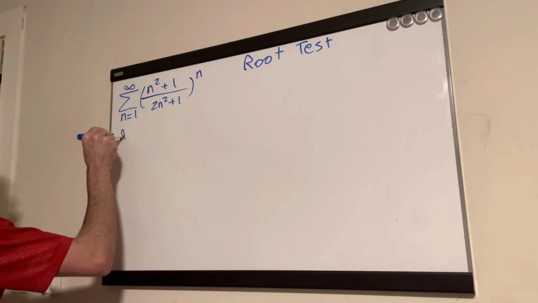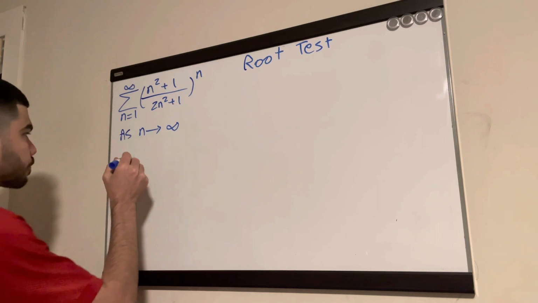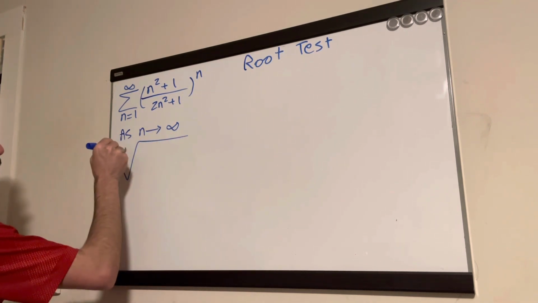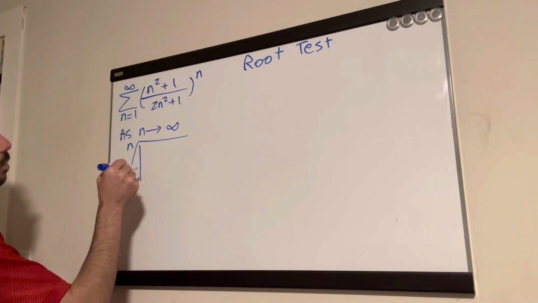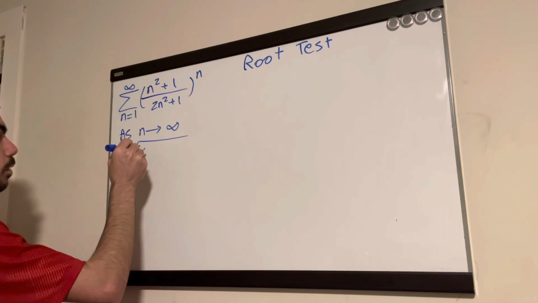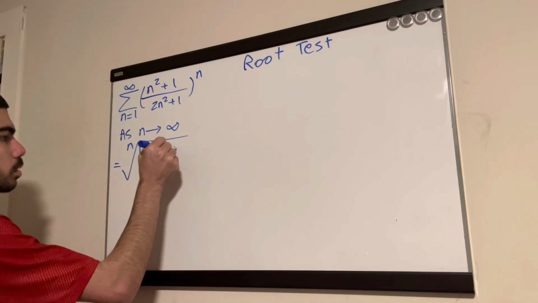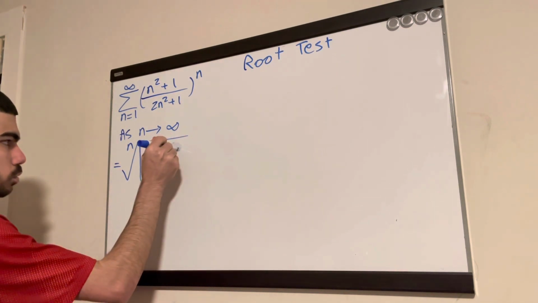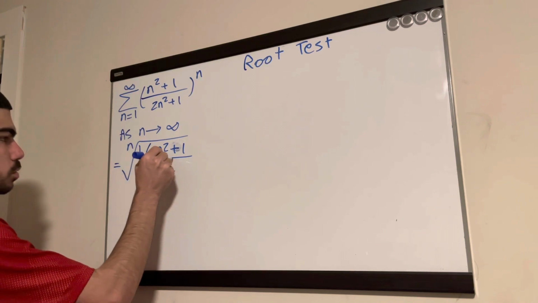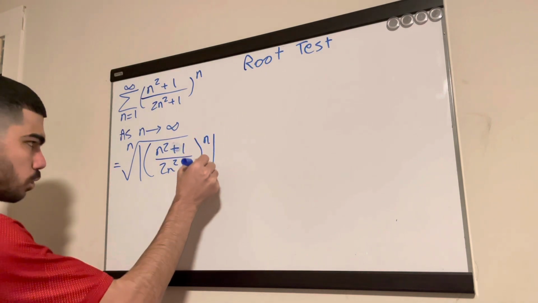As n approaches infinity, that is the limit, we're going to have the nth root of the absolute value of our series, which is ((n squared plus 1) over (2n squared plus 1)) to the power of n.